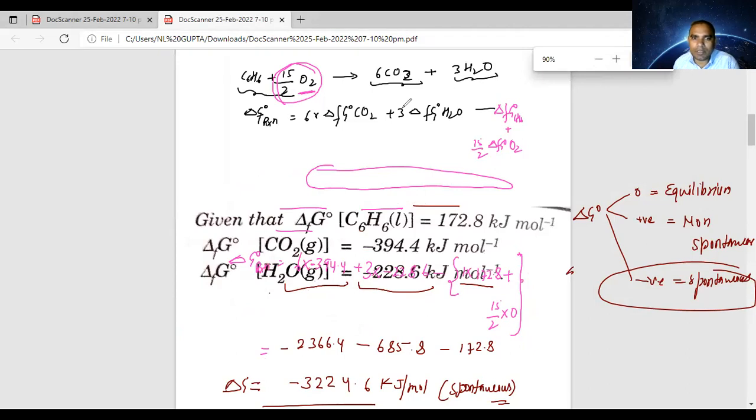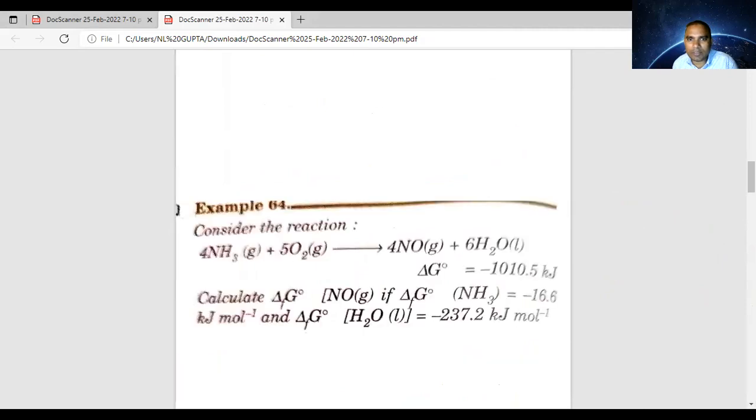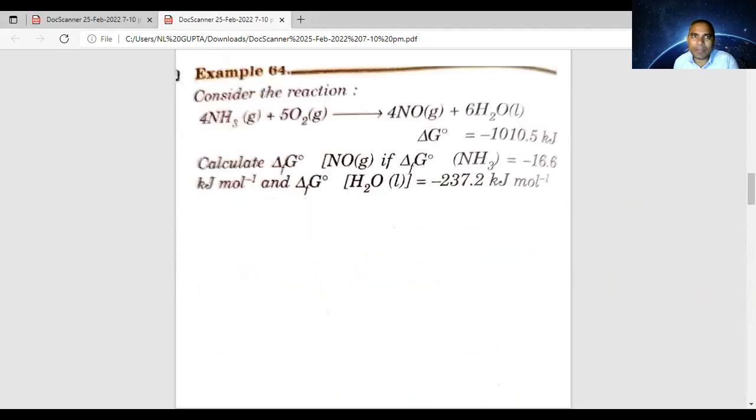Okay, this one question is over. Let's try to see another question. This is one more question I've given, how they can ask in the NEET exam that you can try here. So what is the question? Consider the reaction. Ammonia reacting with oxygen is giving nitric oxide and 6 molecules of water.